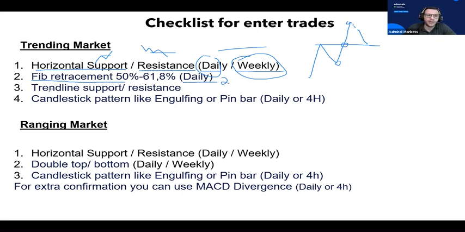The third is the trend line. If I can draw a trend line and the market is going to come to retest the trend line, the way I put it, it's like the market is in a rhythm. The market is in a mode.